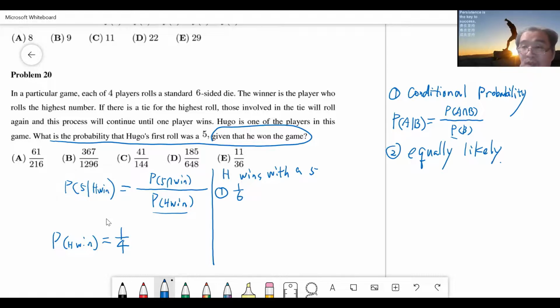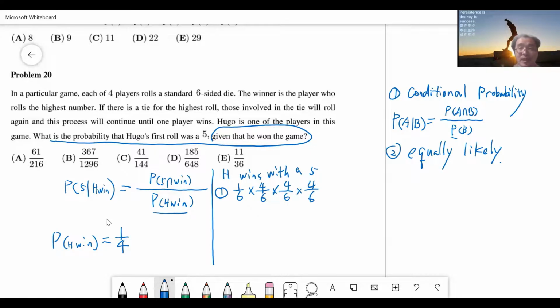Then the next player must roll 4, 3, 2, or 1. They cannot roll 5 or 6. So the second player must roll 4 out of 6 to lose to Hugo. The next player also needs any number below 5, so again 4 over 6.